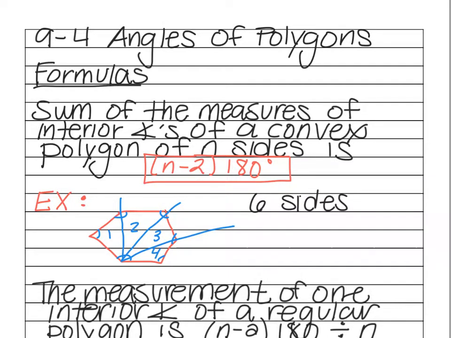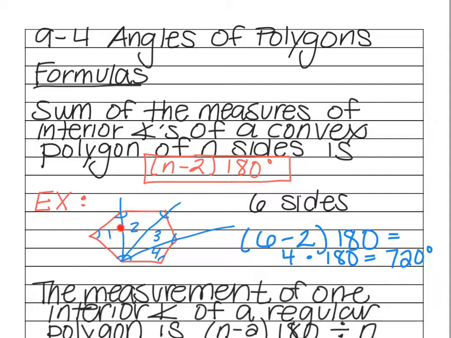So to do a little proving to you on how and why this formula works, the rule is n is the number of sides. So we have 6 sides. We take away 2 and we multiply it by 180. We're doing 6 minus 2, which is 4, times 180 degrees, and we're getting 720 degrees. And that's what all of the angle measurements inside this polygon add up to be, 720.